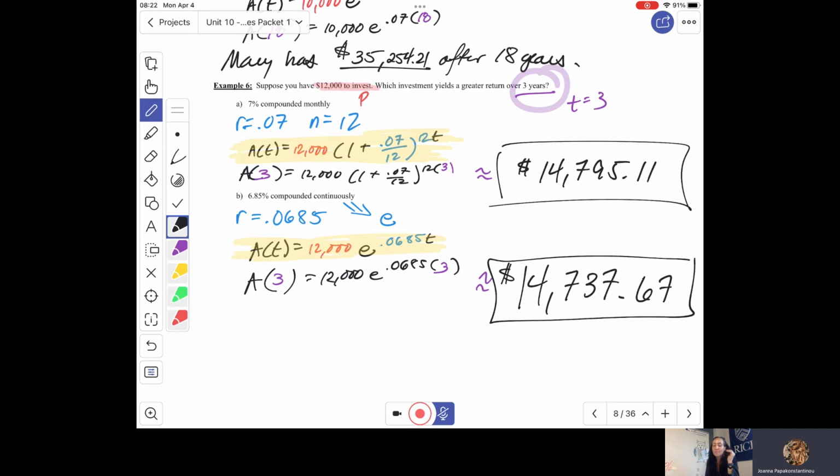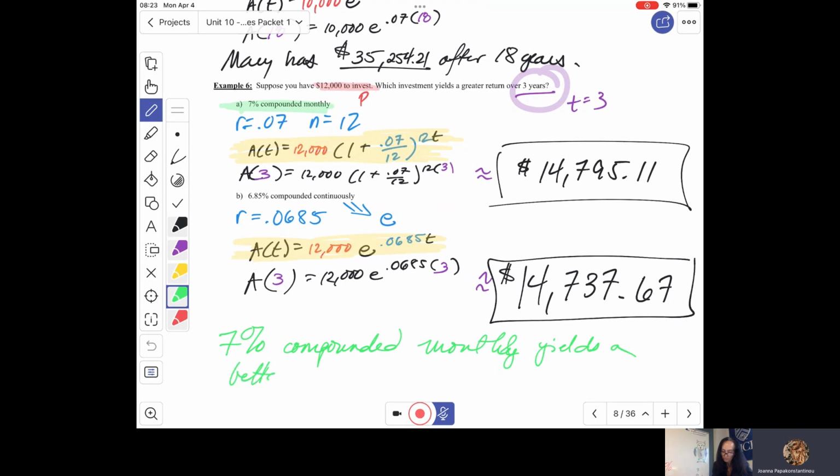All right, so by substituting into each of these equations, where would you make the most money? Obviously A. So you would invest in A. So let's go ahead and say that 7% compounded monthly yields a better return.